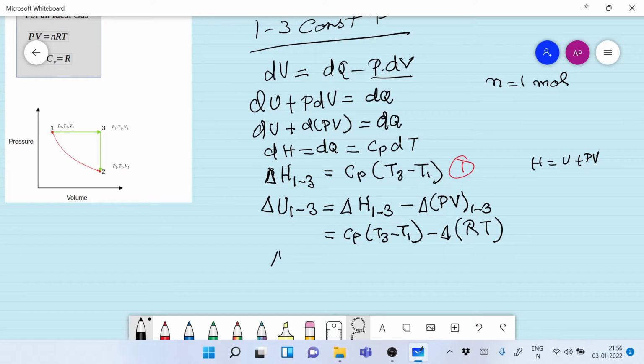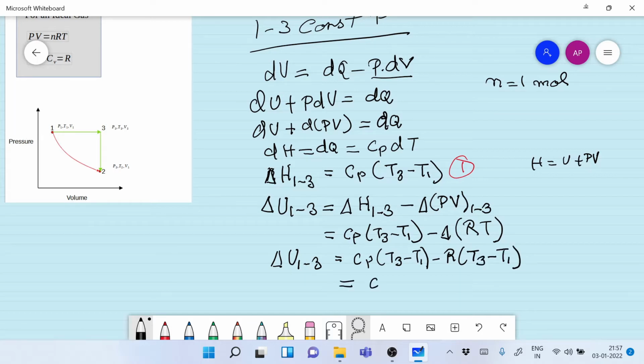Therefore, the change in internal energy for process 1 3 is Cp (T3 minus T1) minus R (T3 minus T1).